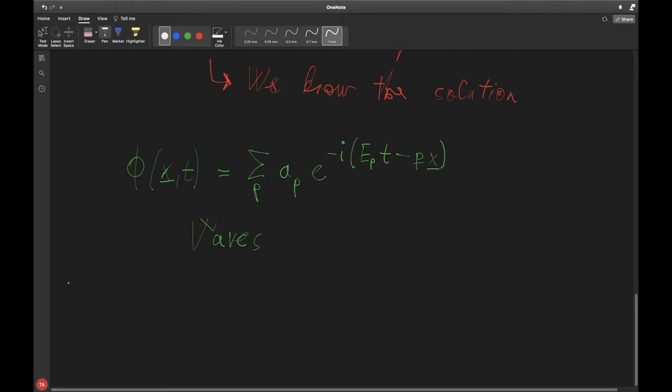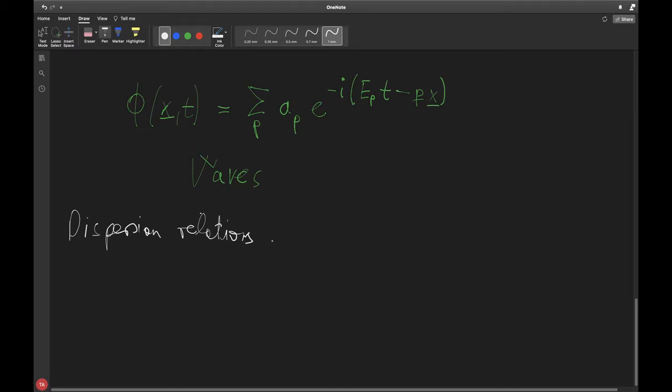So dispersion relations. That's an equation between the energy and the momentum.